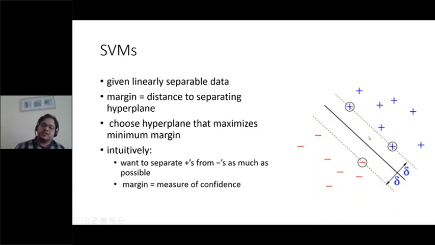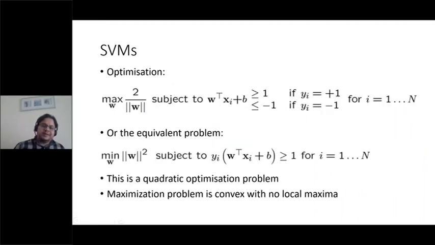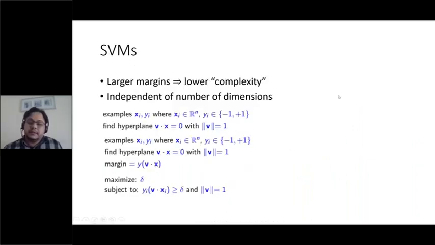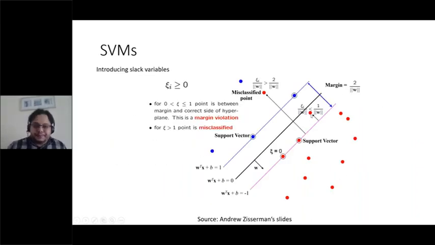If this plus goes inside the margin, then my margin will become smaller. So these points will define my margin, and we want a hyperplane that has the maximum margin, classifying everything accurately. But sometimes, for example here, I want to give you some time before moving on. Do you have any questions, guys, before I move forward?